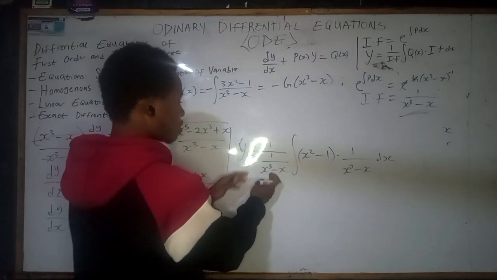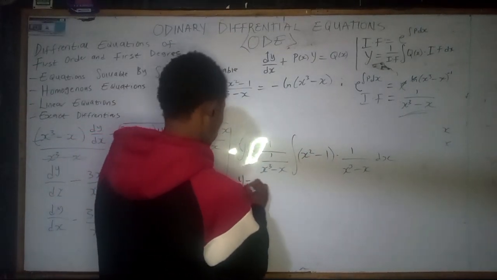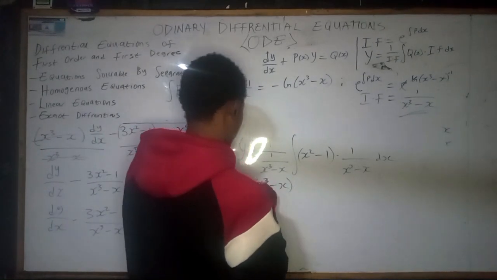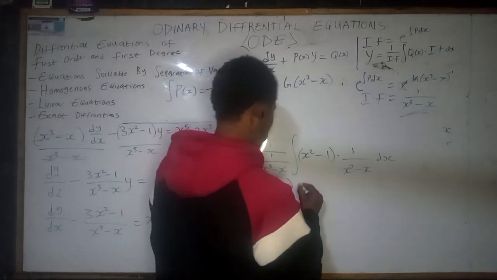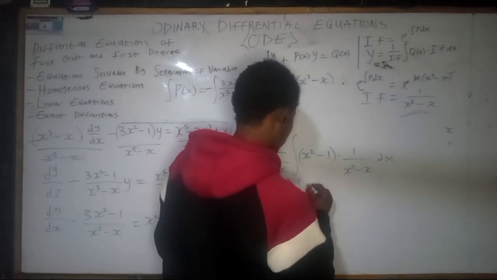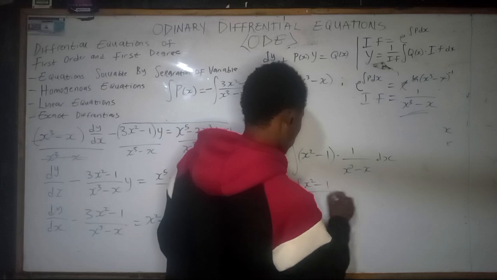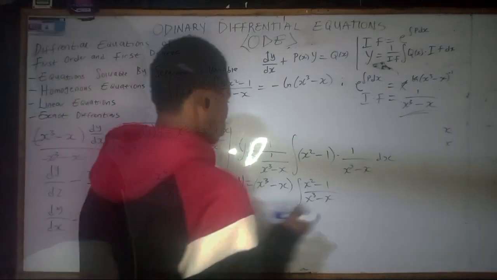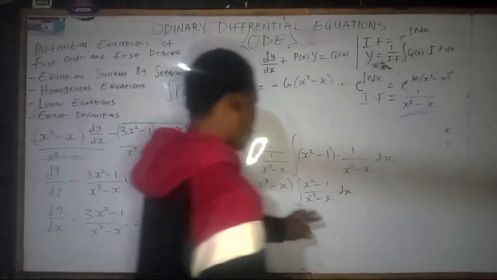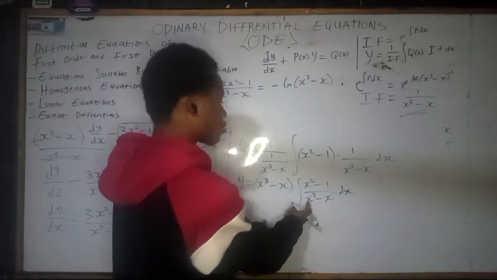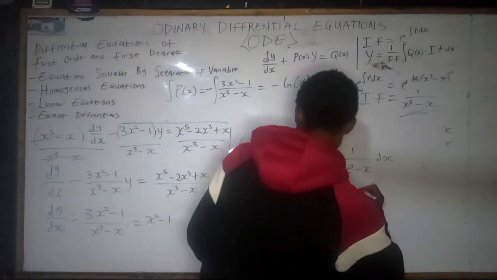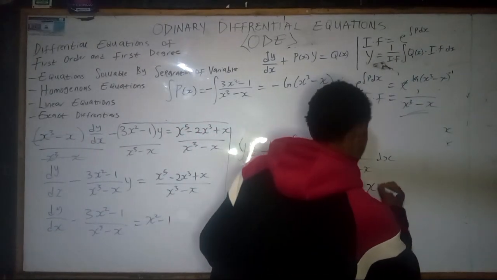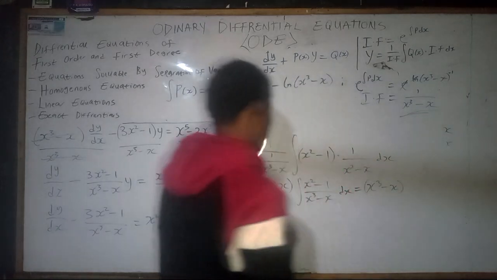So now we know that this is going to eventually come. So we have y is equal to x cubed minus x in brackets, and then we have our integration of x squared minus 1 over x cubed minus x here. All that we just have to do, we can see that we can bring out x from the bottom here. We have this as x cubed minus x, which is inside the bracket here.